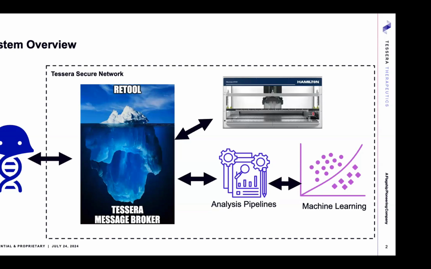Retool, which I'll talk a lot about, is a user front end for building applications. It's called the low-code front end. It basically has a drag-and-drop system to configure user interfaces, so you don't have to do the typical writing of HTML and CSS to build those things.